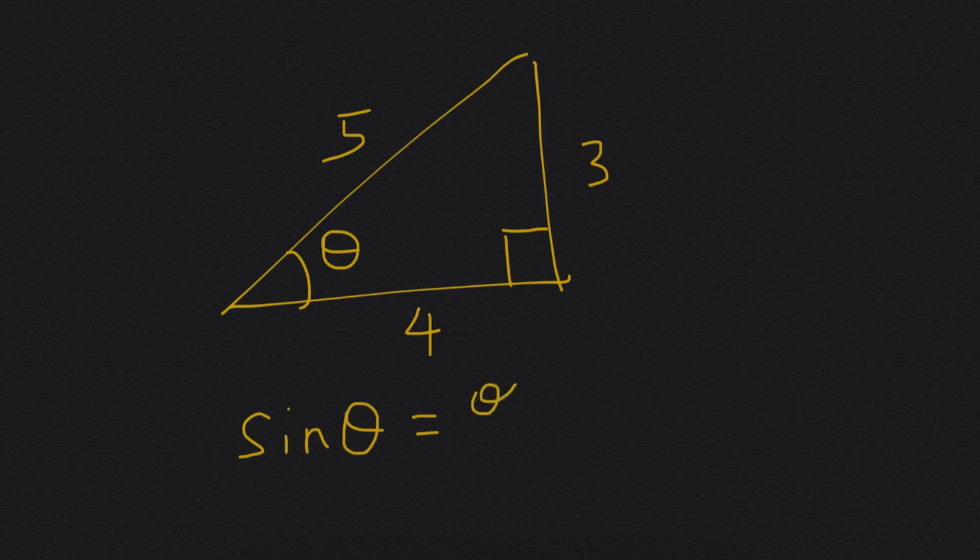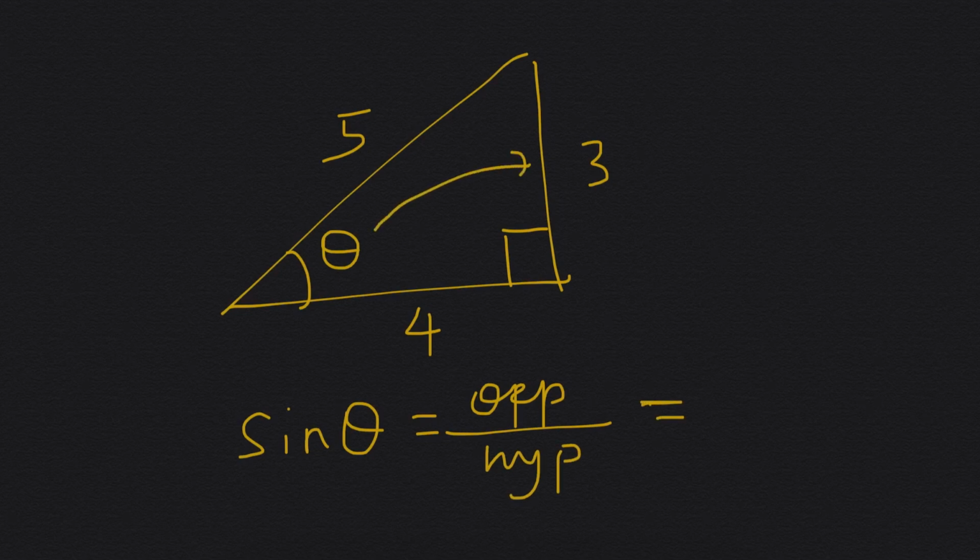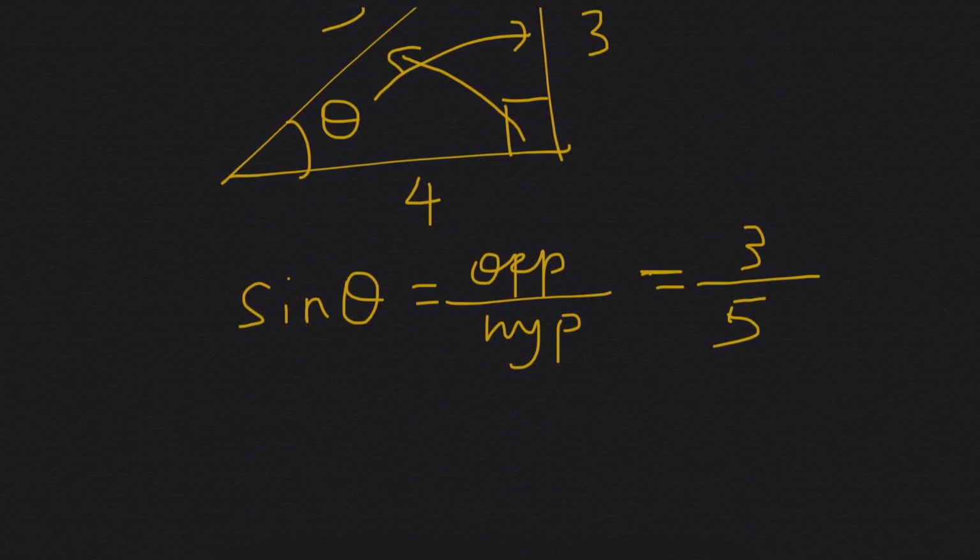So sine of theta is defined as the opposite side divided by the hypotenuse. Opposite, by the way, is whatever's opposite to the angle, which is that side there. And hypotenuse is what's opposite to the right angle. That's that one. So the opposite is 3 and the hypotenuse is 5.